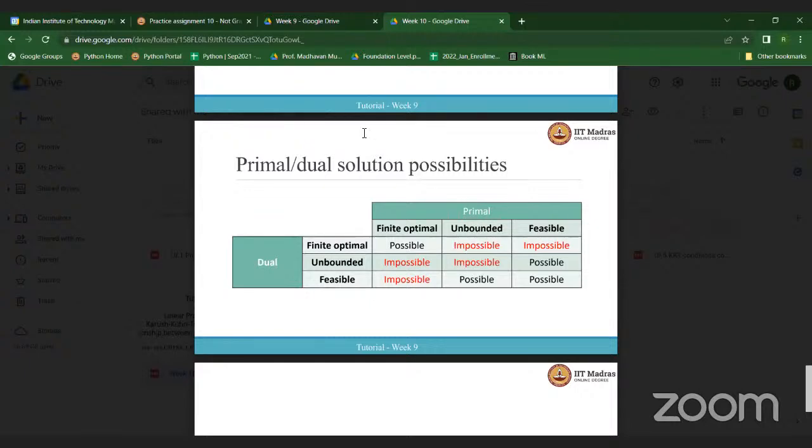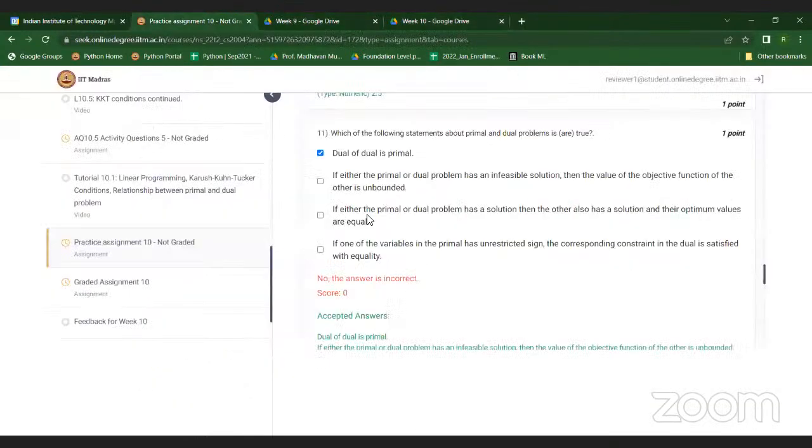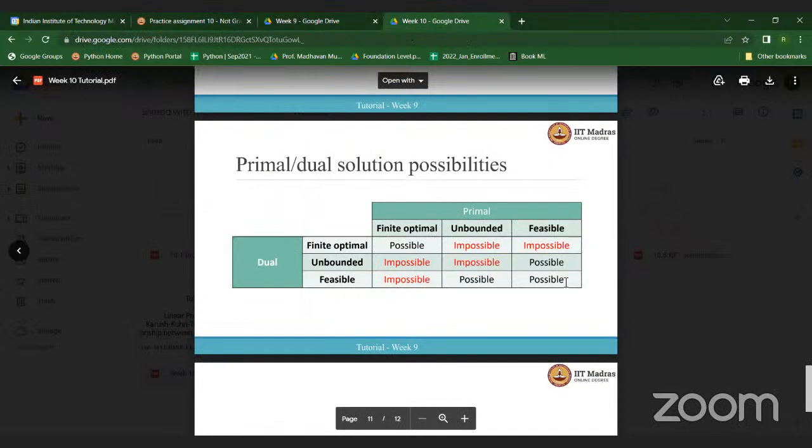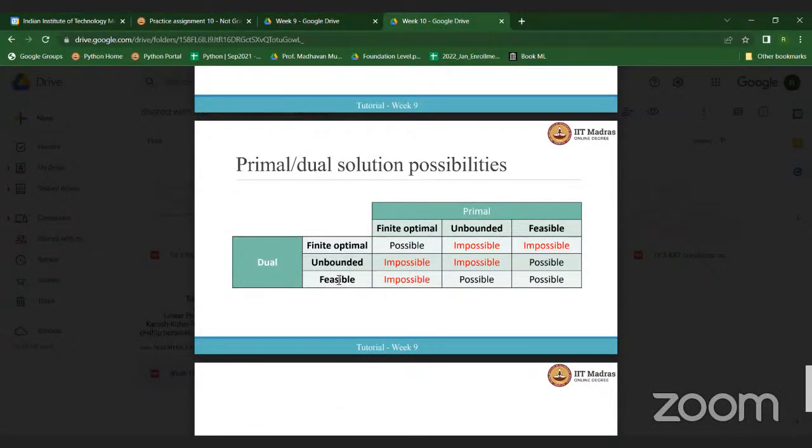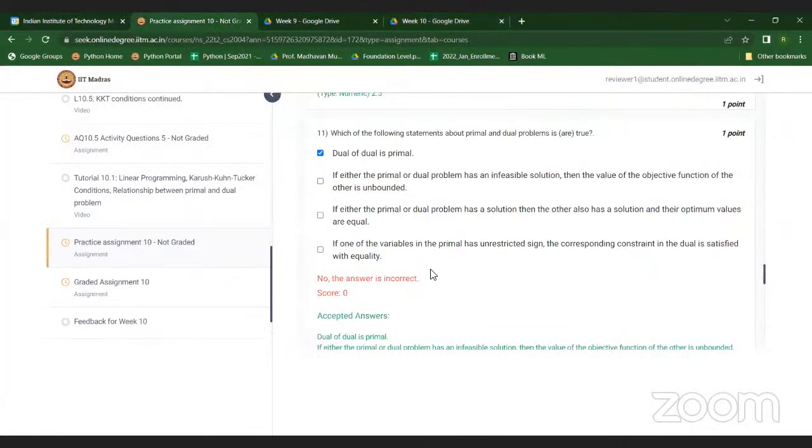They said that if it has an infeasible solution, then the value of the objective function of the other is unbounded. So let's look at this. Unbounded, feasible, this impossible, right? Yes, sir. Understood. Okay. So the same one.